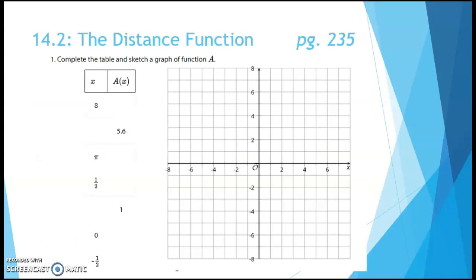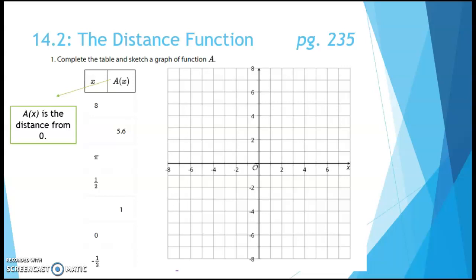In looking at page 235, we're going to continue to make a graph, and the function a tells us the distance from 0. So x is what we would think of as our guess, and then a of x is that absolute guessing error. So now we're just formalizing the absolute value definition.